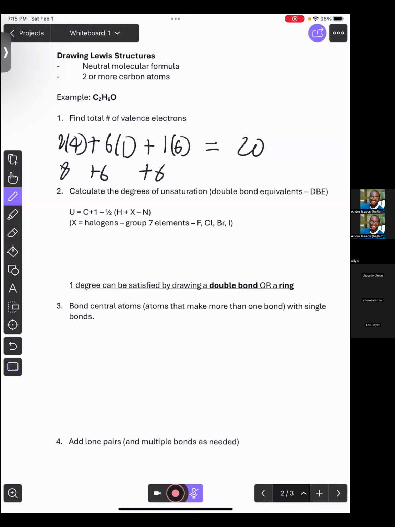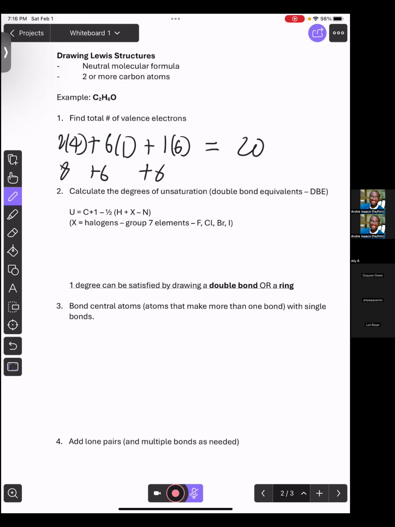Your single bonds aren't going to work out. You're going to get confused and anxious and stressed. You're like, why don't my electrons add up? I'm supposed to have this many atoms. I can't fit them. And so this formula is very cool and helpful. It tells you how many double bonds or rings, I'll explain that shortly, are present in your formula, so that when you draw something, you can incorporate those in the Lewis structure.